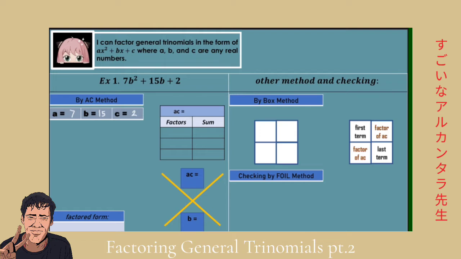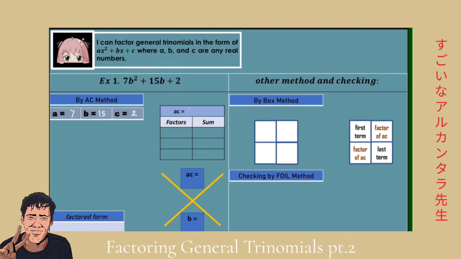What's fascinating about the X-box method is that different resources have different uses for it, but for some, they just use it similar to how we use the table. I will show you both of them, and you may choose which one you would like to use. You're not required to use all of them, but you may use both of them for checking if you want to. So the first process is to multiply the A and the C.